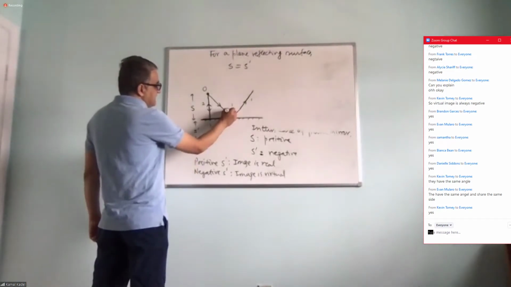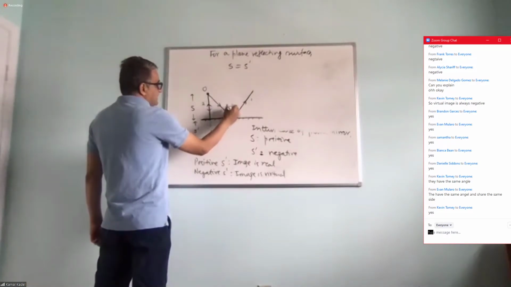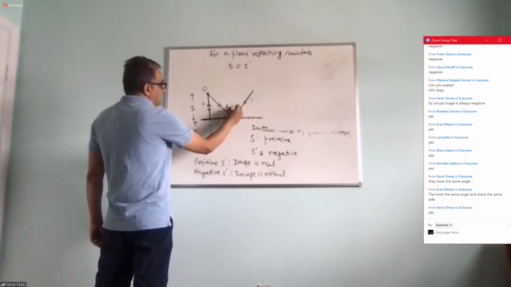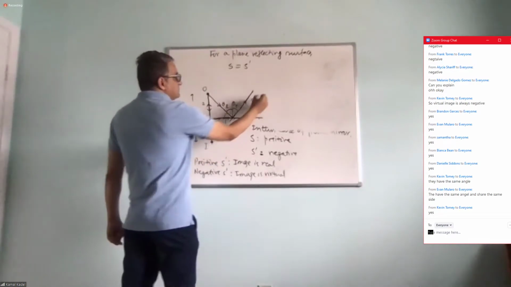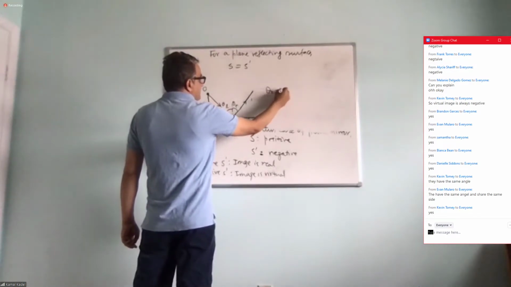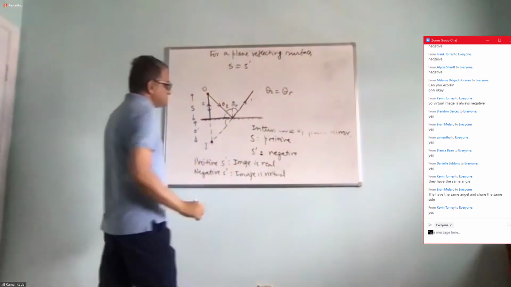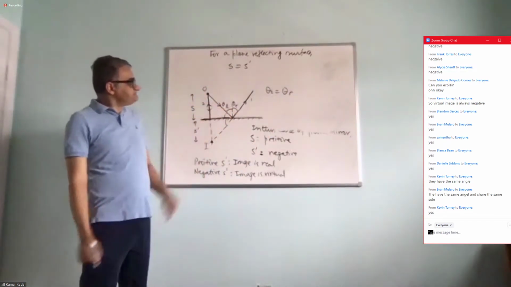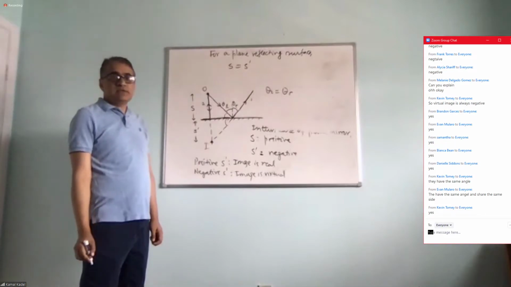We know that this angle is theta I and this angle is theta R. So we know that theta I equals theta R. This is from the law of reflection. These two angles are equal, right?